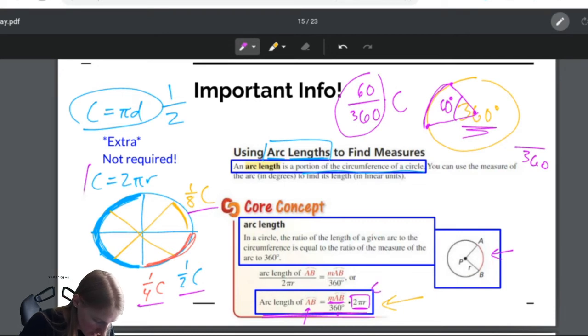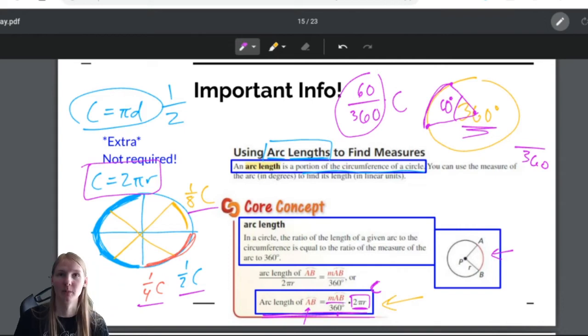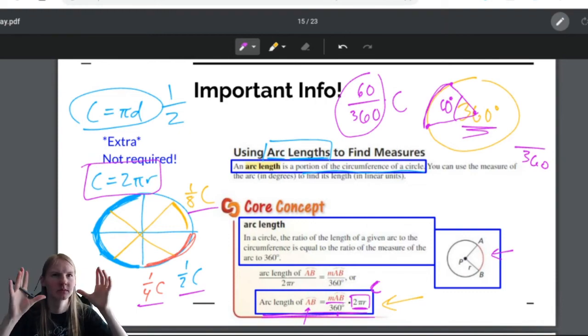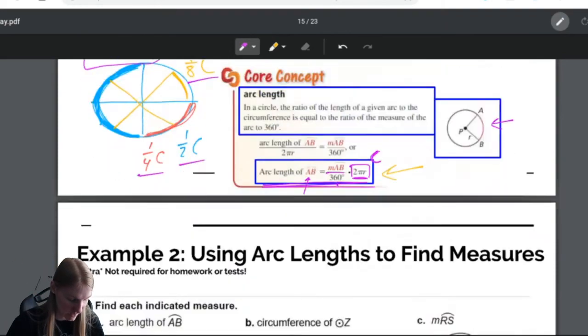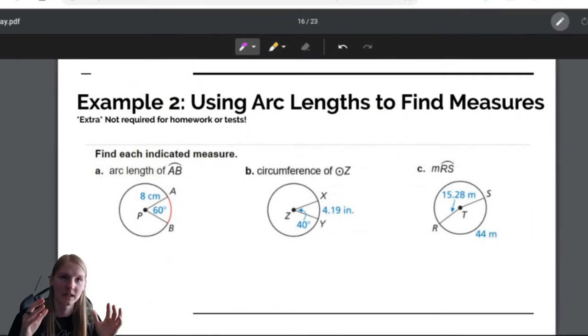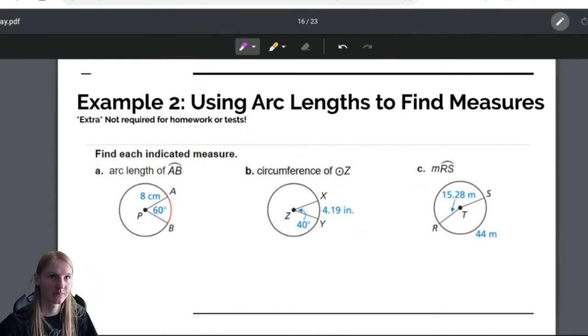So you're just taking the measure of the arc divided by 360 and multiplying it by the circumference. That might seem a little confusing, but we're going to look at examples right now. Hopefully seeing examples will help clear things up.